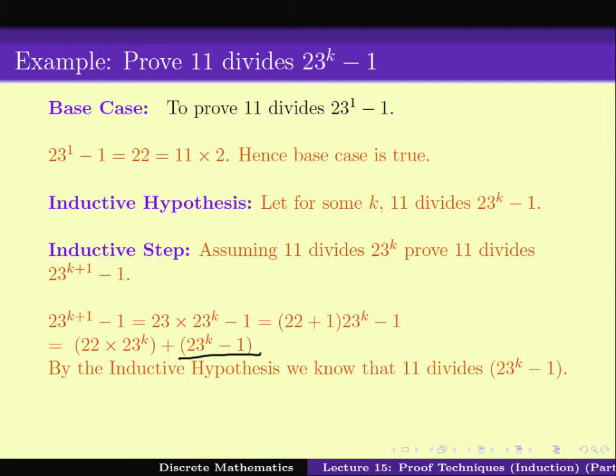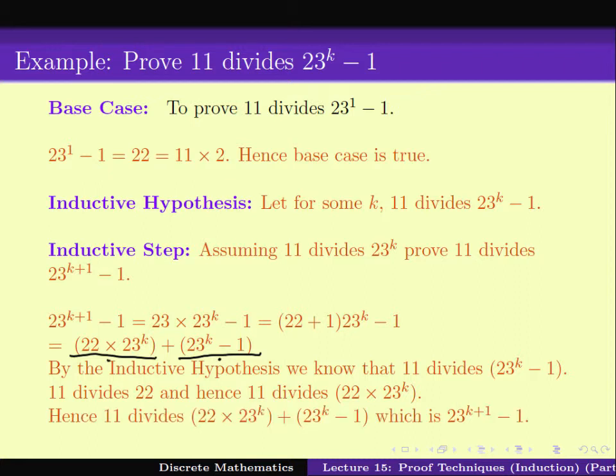And the first term, 22 times 23^k, is divisible by 11 because 11 divides 22. So thus 11 divides both terms, and thus 11 divides the sum of these terms, which is 23^(k+1) minus 1.